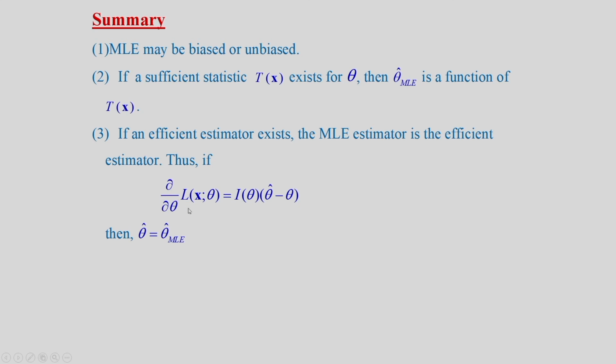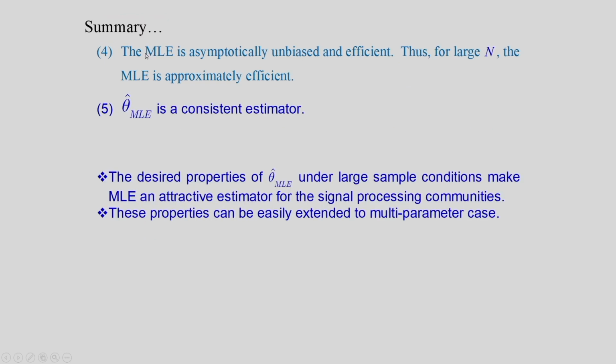Thus, if we can write that del L by del theta is equal to I(theta) into theta hat minus theta, then this theta hat must be equal to theta hat MLE. Then we established the large sample properties of MLE. MLE is asymptotically unbiased and efficient. For a large number of samples, MLE satisfies the Cramér-Rao bound with equality. Thus, for large n, MLE is approximately efficient.